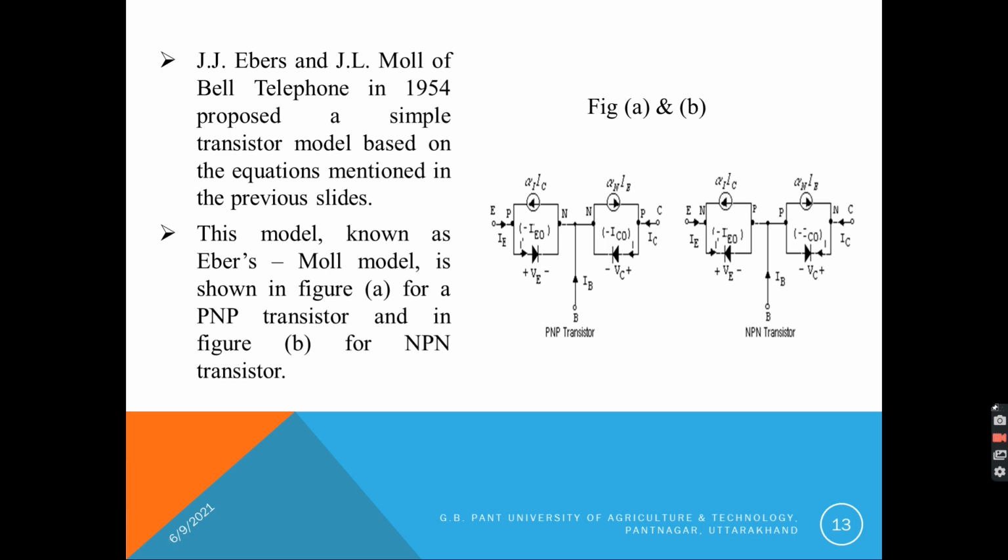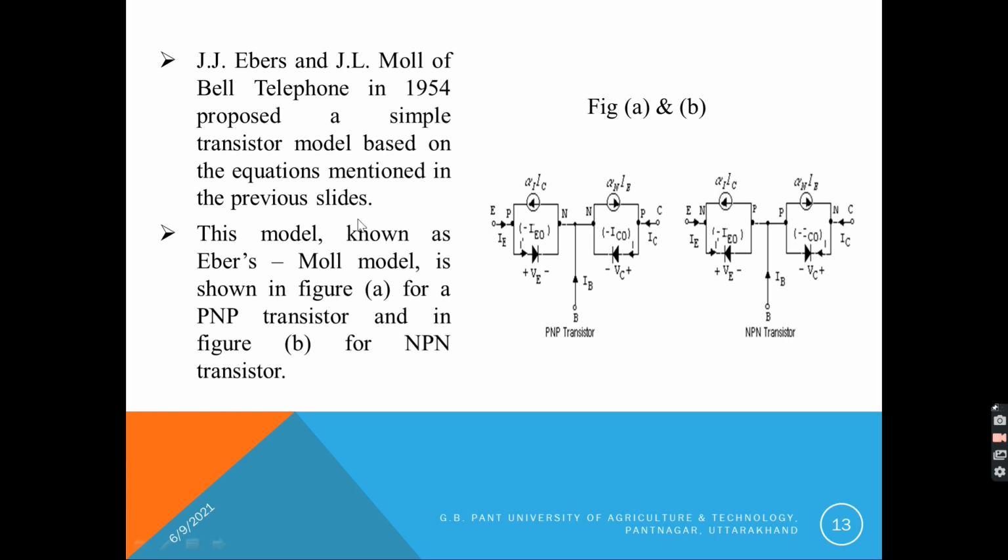Now these two scientists, J.J. Ebers and J.L. Moll of Bell Telephone Industries, in 1954 proposed a very simple transistor model based on the two equations, that is, the equation for the normal mode of operation and for the inverted mode of operation.